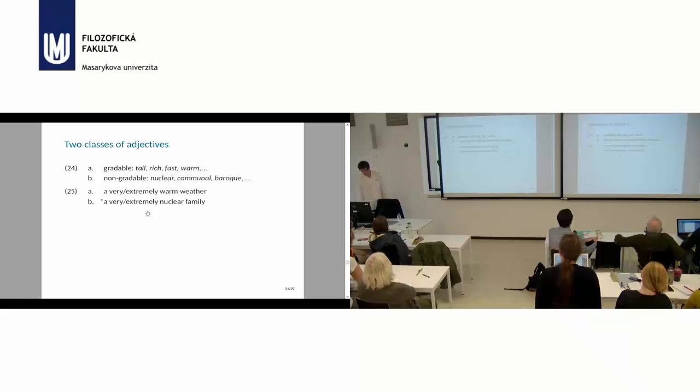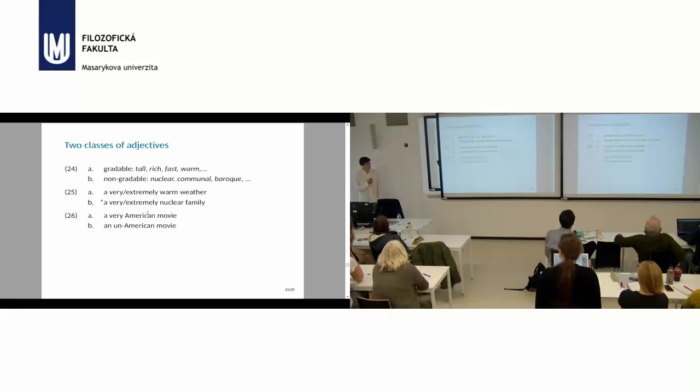One way you can test for that is by using a modifier like very or extremely. So there can be an extremely warm weather outside, but it's rather strange to talk about a very nuclear family. That's why warm is considered gradable, whereas nuclear is non-gradable.